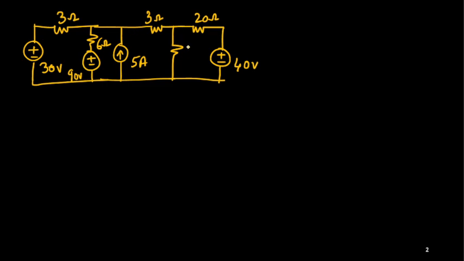Then if I choose this is 2 ohm, then if I ask you the question, can you find out the current through this branch? What is the current here?